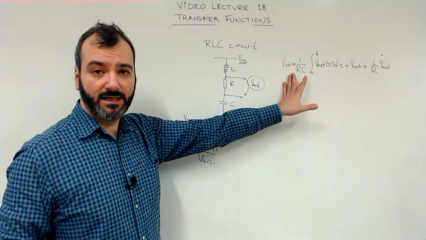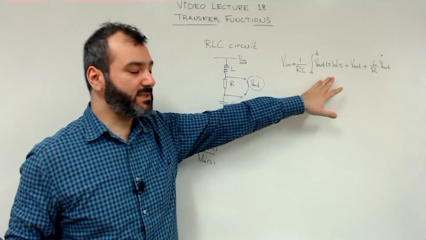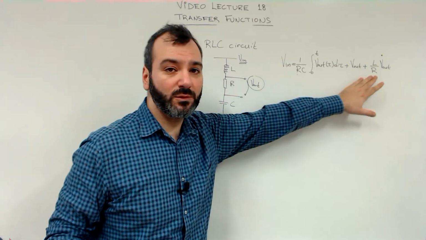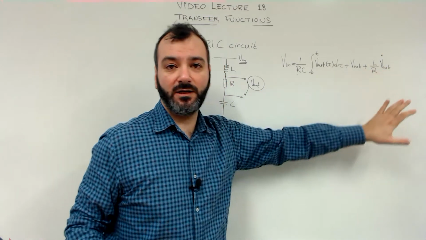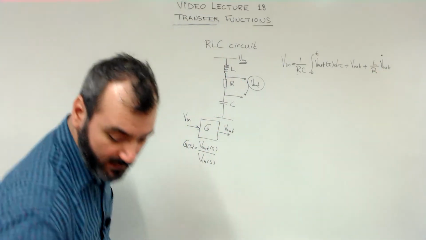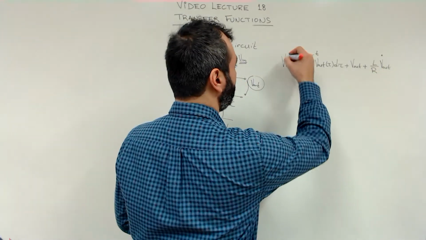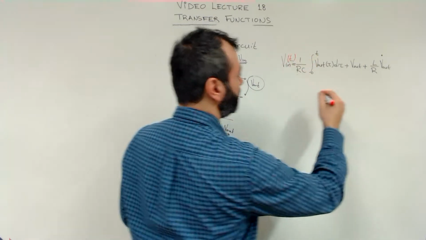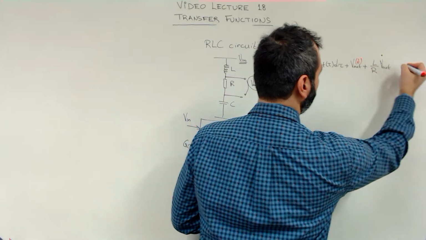So V_in is 1 over RC times the integral of V_out plus V_out plus L over R times the time derivative of V_out. In this first line, these are all functions of time, so V_out of time here, right?